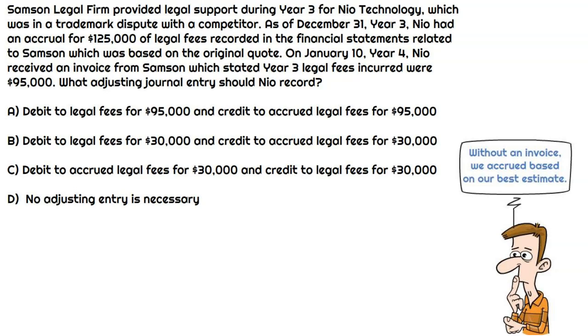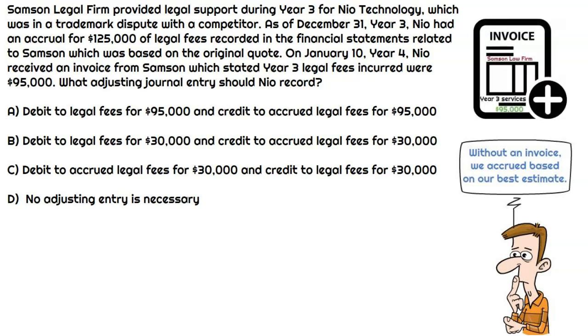And so what NIO needs to do is figure out, okay, what is the actual amount? On January 10th, year 4, they received that invoice, which says that actually legal fees for year 3 were $95,000. So before they had their best estimate, but now they have the actual invoice, and that's what they should adjust their financial statements to.